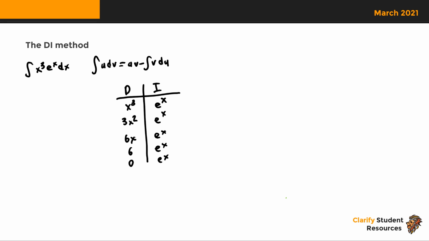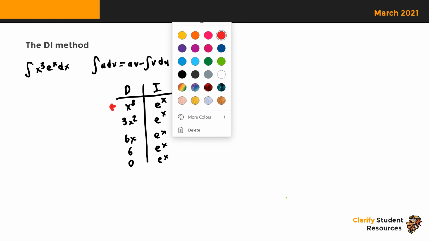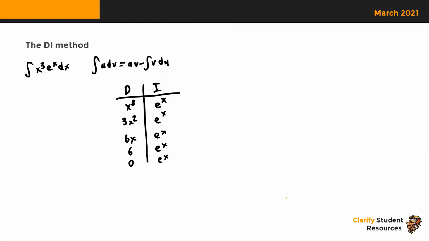And how this works is we need to alternate signs with plus and minus. So plus, minus, plus, minus, plus. And then we're going to pair the things diagonally. So like this.